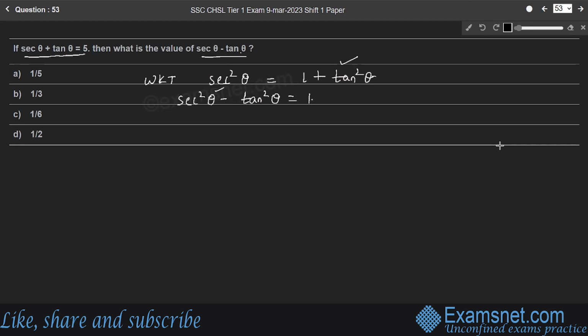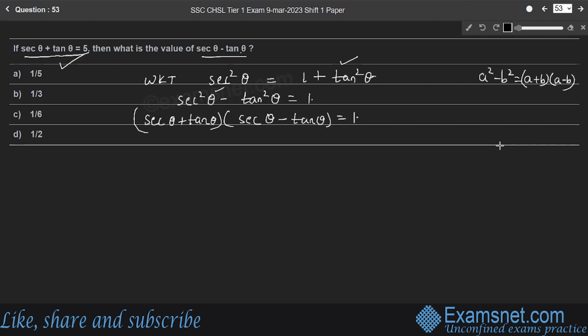This is in the form of a square minus b squared, right? a square minus b squared is (a plus b) into (a minus b). Therefore, secant square theta minus tan square theta is (secant theta plus tan theta) into (secant theta minus tan theta), which is equal to 1.